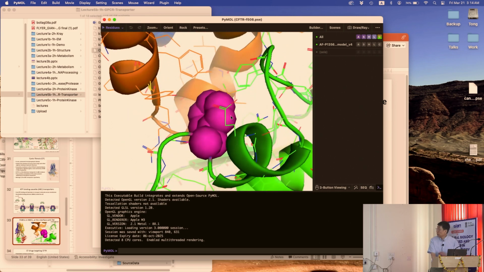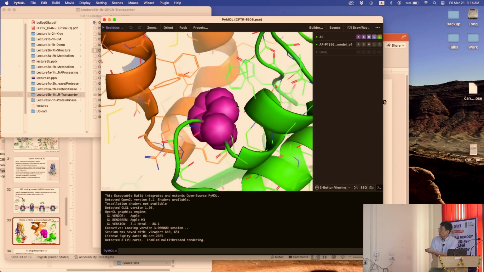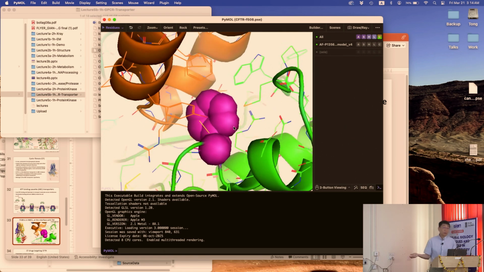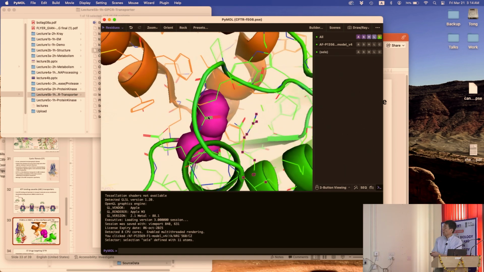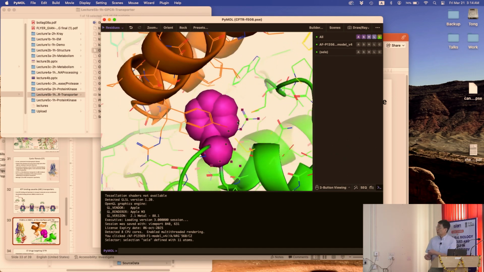So here is the structure. Here's phenylalanine, and it sits around a lot of aromatics, so hydrophobic side chains. You would imagine phenylalanine wants to be on the hydrophobic side. But there's also an arginine here below the phenylalanine, which we'll come back to a little bit later. So essentially, you can imagine that if you delete this phenylalanine, you lose this contact.